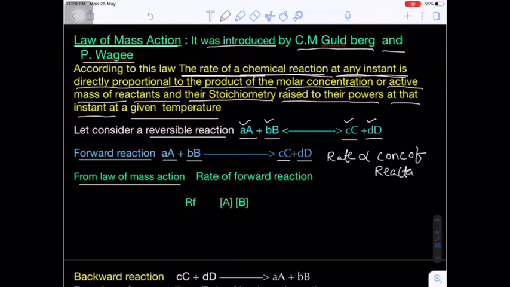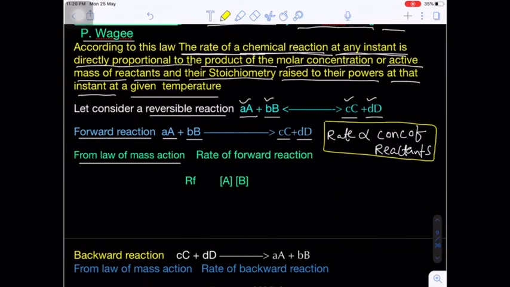This is the simple definition of law of mass action. Rate of a reaction is directly proportional to concentration of the reactant. That concentration we can say active mass or molar concentration.